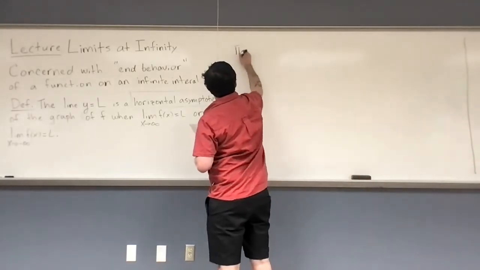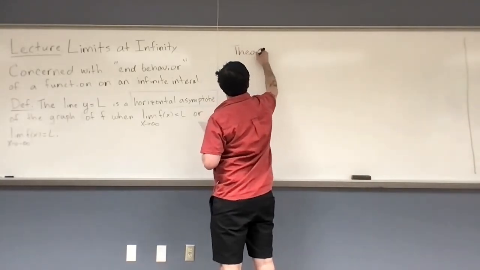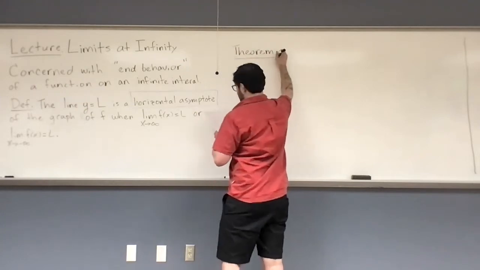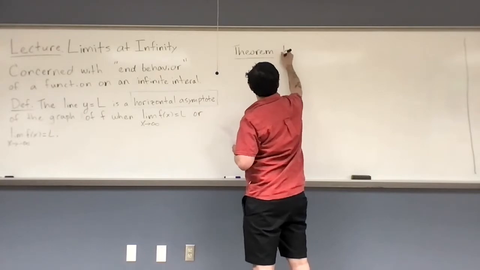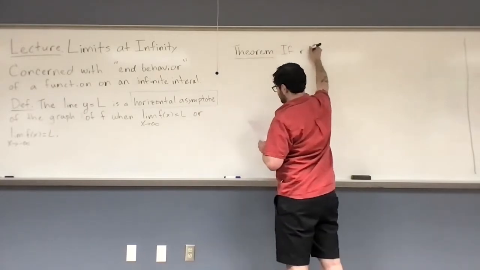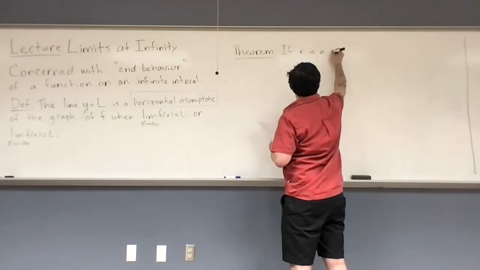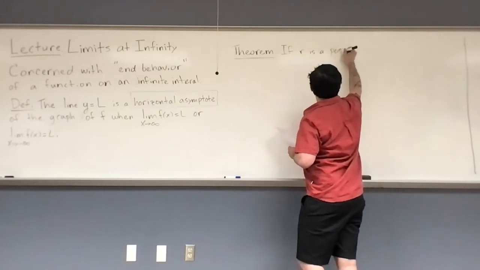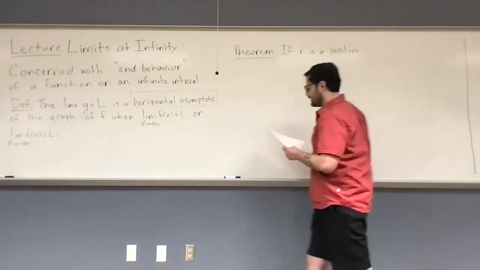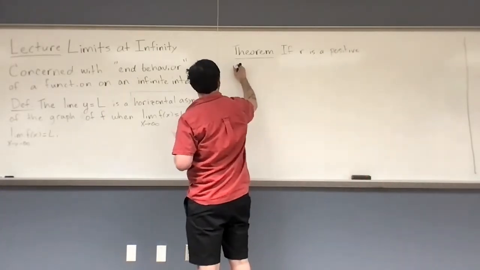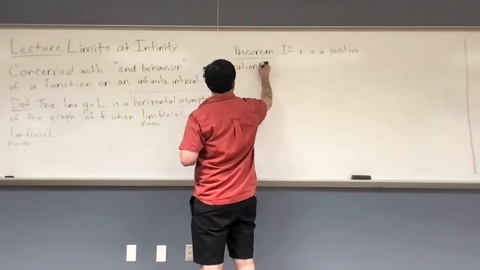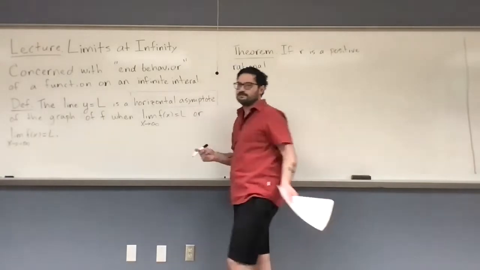A very obvious theorem. So if r is a positive rational number, so a rational number is a ratio, a fraction. Or it doesn't have to be a fraction, it's like a ratio.